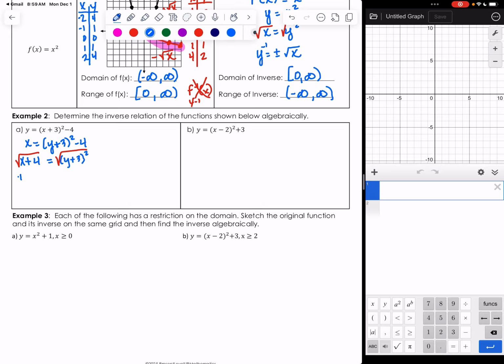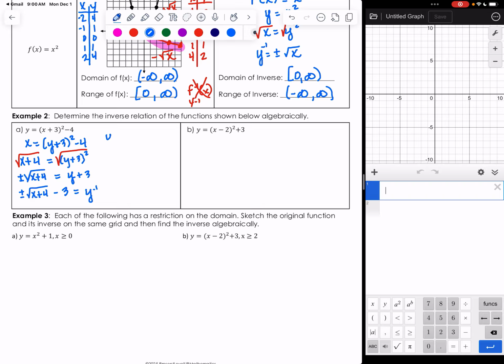So, plus or minus square root of x plus 4 is equal to y plus 3. And finally, to isolate the y, all we have to do is subtract 3. So plus or minus square root x plus 4, subtract the 3, and that would be equal to y inverse.